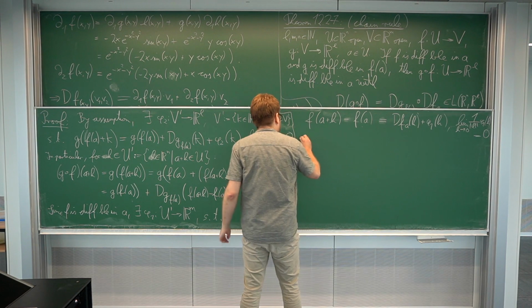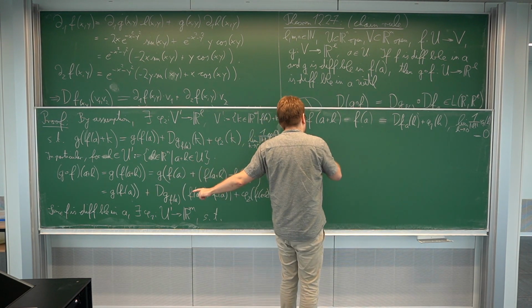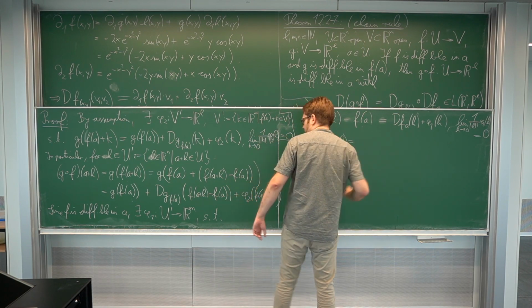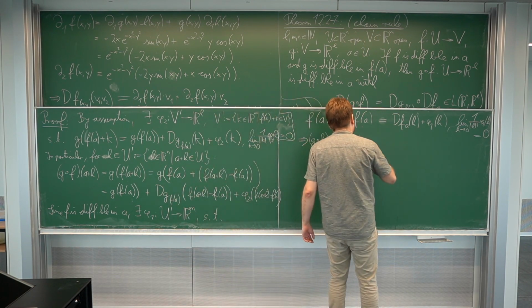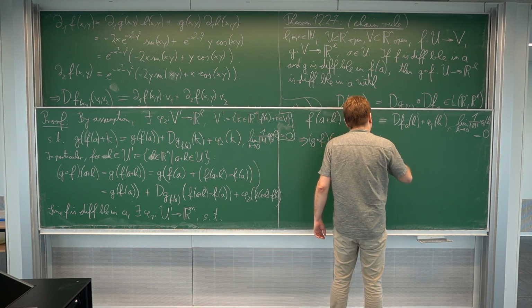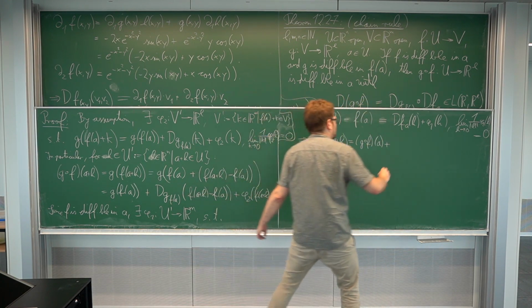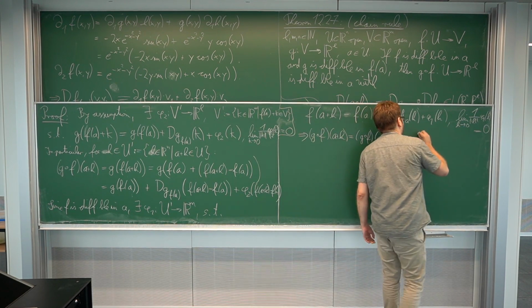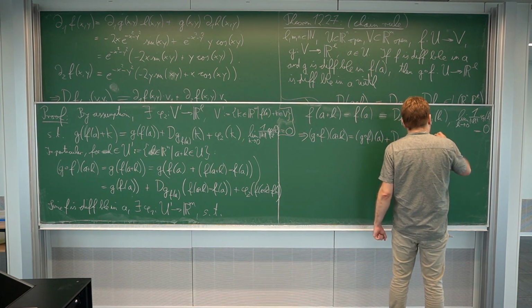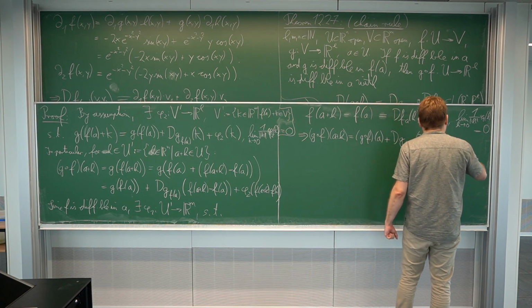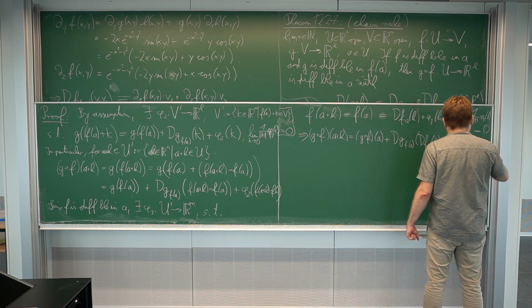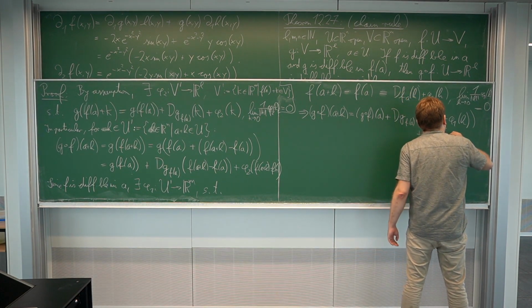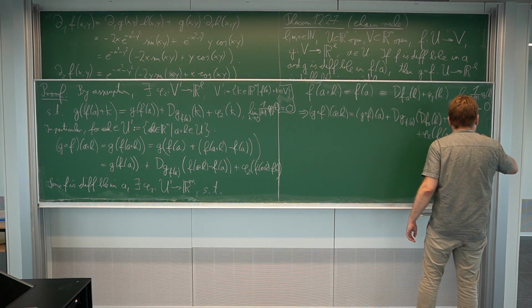So in this formula, we started with G composed F of A plus H. Then we had that this is G composed F of A. Now we replace. This is dg at the point F of A of dfa of H plus phi 1 of H plus, and now let's leave the rubbish as rubbish, phi 2 of F of A plus H minus F of A. This doesn't matter.